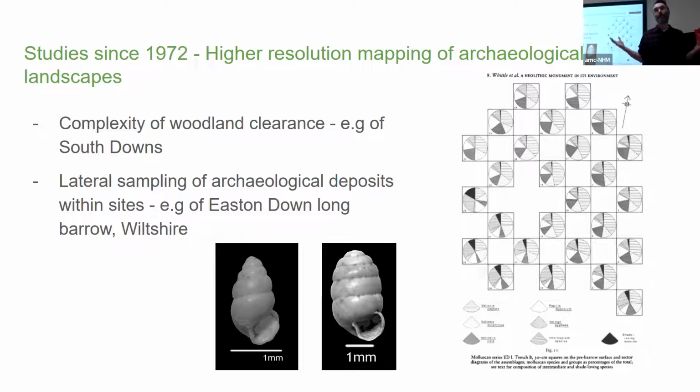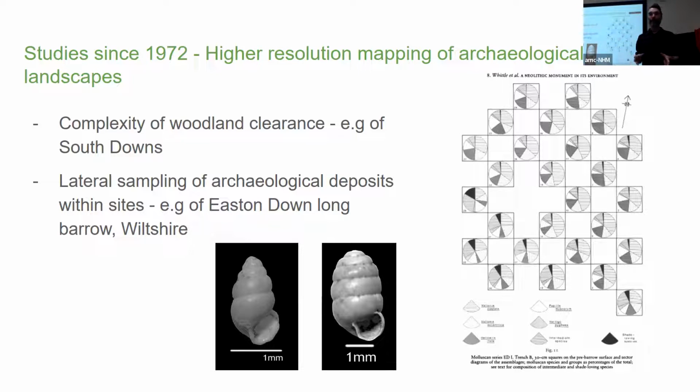So where you have a monument that's been built, or you have a site that has succumbed to flooding or to blown sand encroaching on it, these will bury laterally extensive deposits, buried soil horizons. And by investigating changes in the species composition through that space, as well as up and down through time, gives us even higher resolution understanding of what is happening at a site.